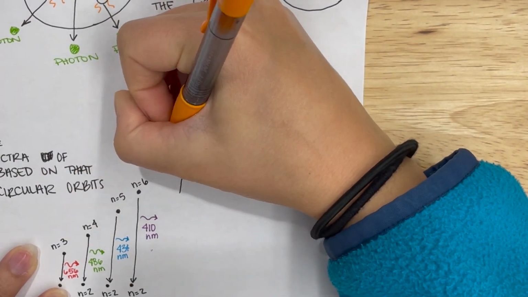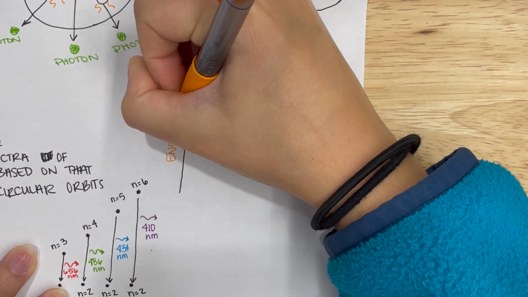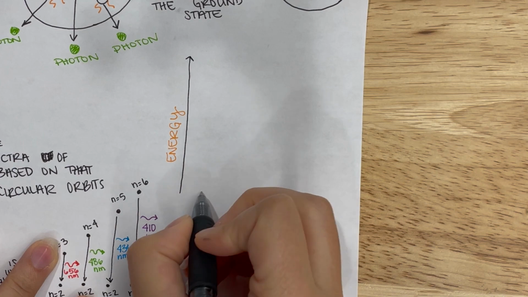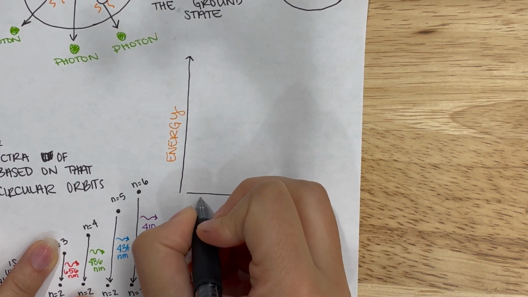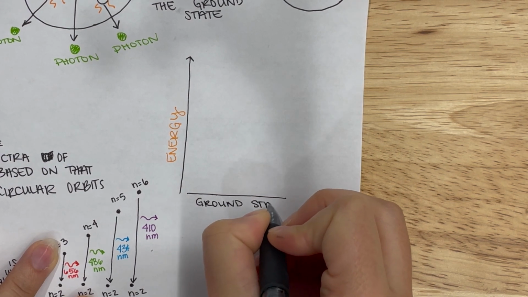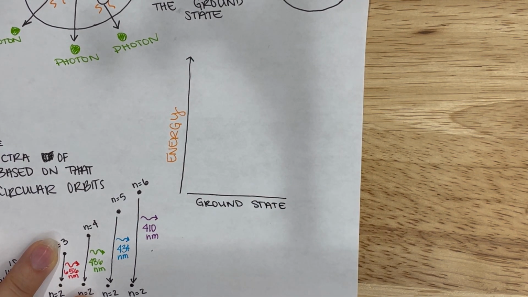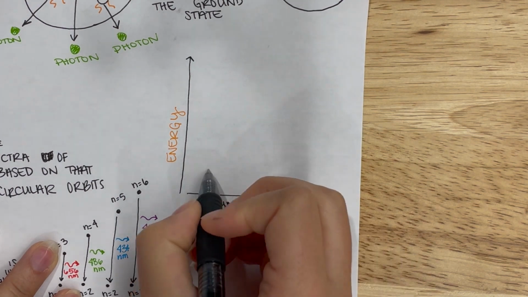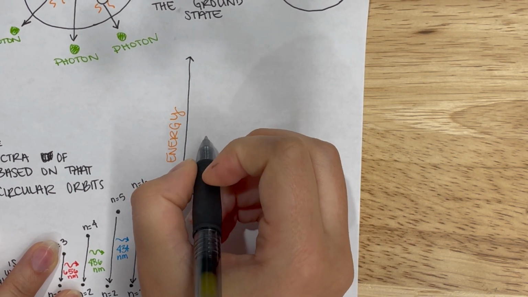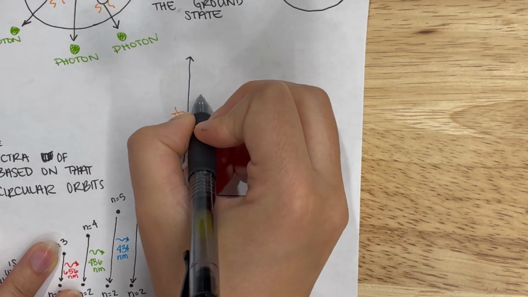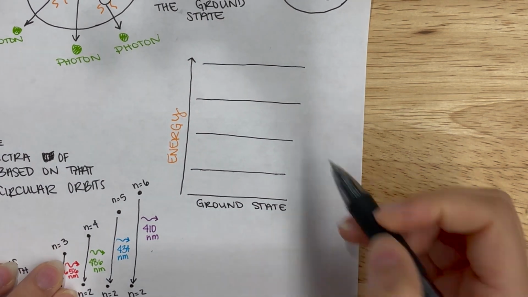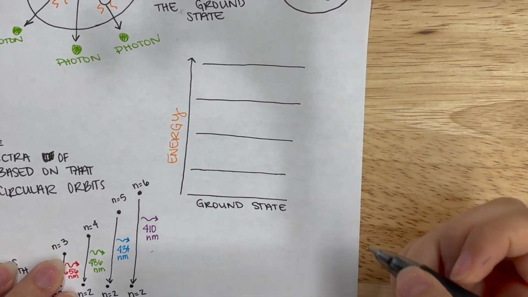So we have energy, and we have our ground state, and then we have our different levels. And these are excited states, right? In this case, we have 4 excited states.